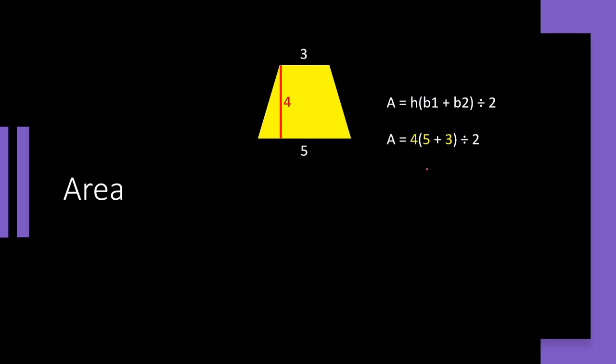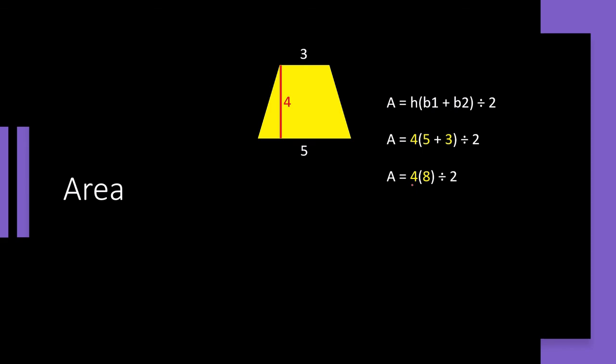Okay, now my next step following the order of operations will be to first do what's inside of the parentheses. Therefore, I'm going to add the 5 and the 3. And 5 plus 3 is equal to 8. Okay, my next step, I'm going to now multiply that 4 times the 8 before I divide it by 2, because in the order of operations, multiplication and division, we perform that from left to right, whichever operation comes first.